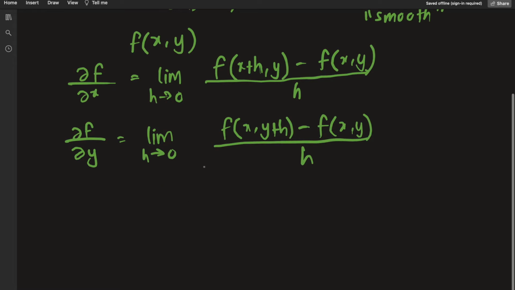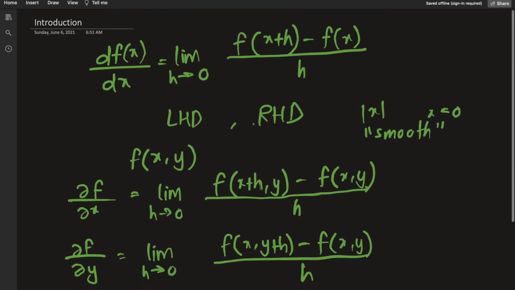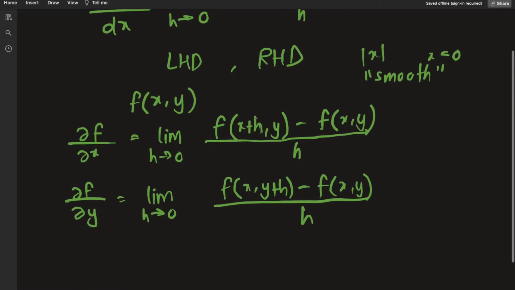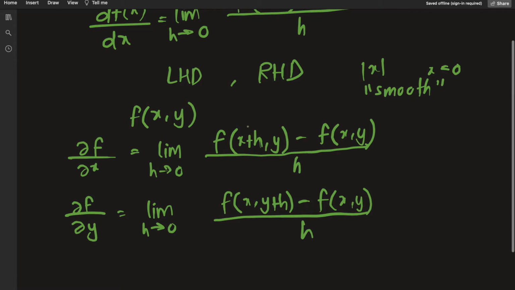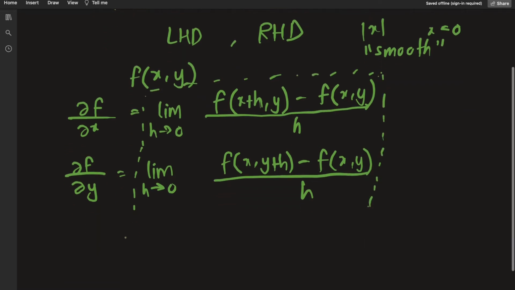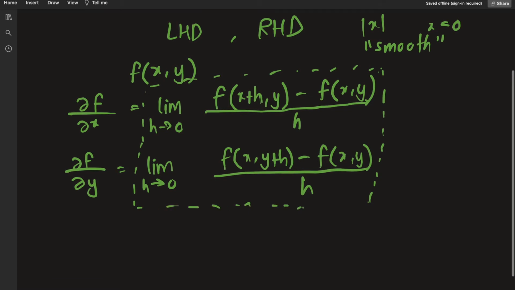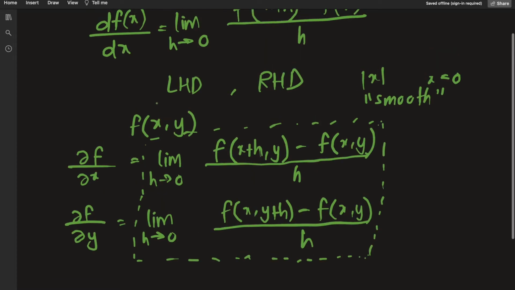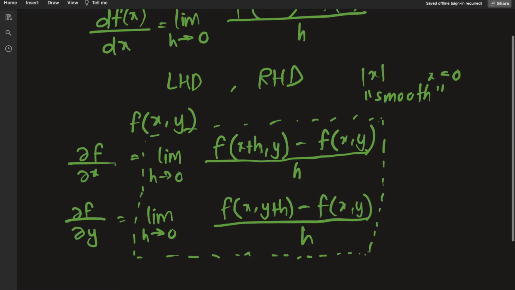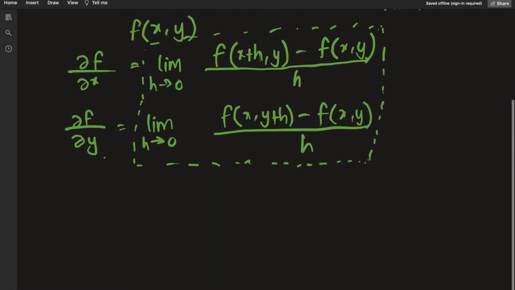And again, the existence of these partial derivatives, similar to the single variable case, requires that the limits taken from any direction exist and are unique. In this case we're not just restricted to the left hand and right hand side; we have every other direction to worry about. If you recall my previous video, that's how we guaranteed whether a limit exists. We checked for all directions.